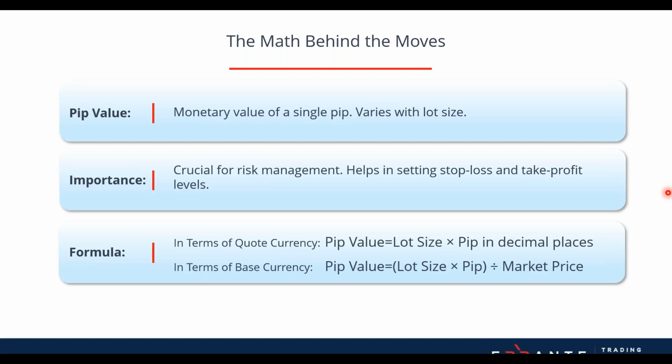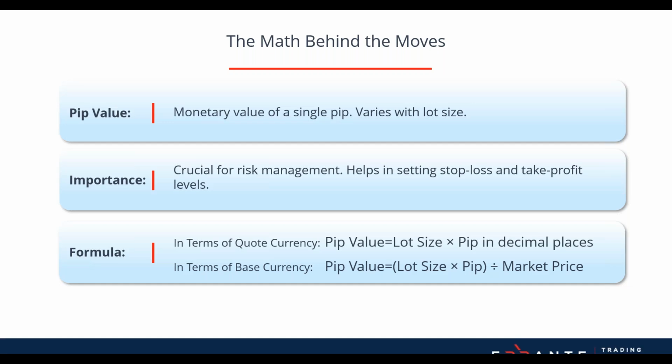Let's consider an example based on the formula that you see here. If you're trading one lot of EUR/USD at an exchange rate of 1.05000, the pip value in terms of USD would be $10.